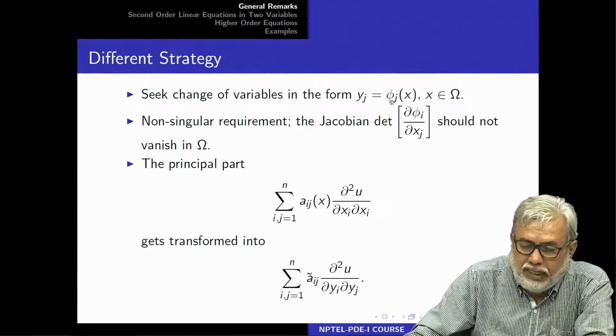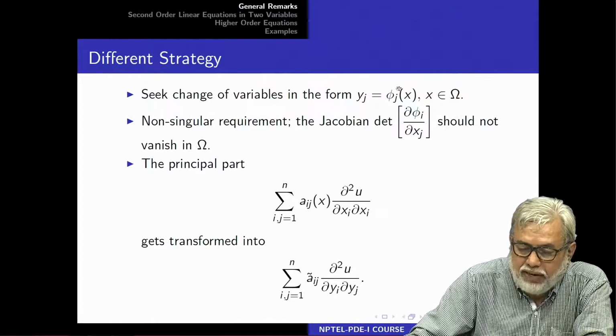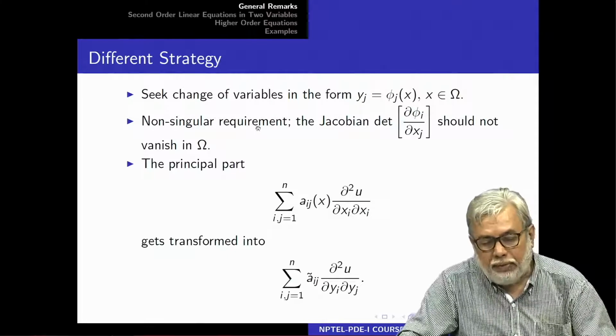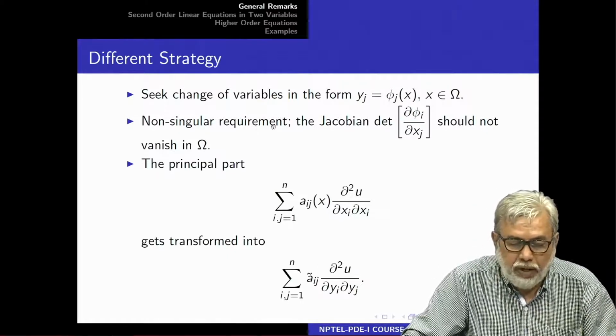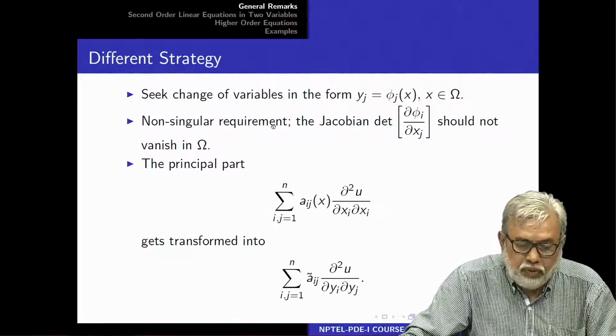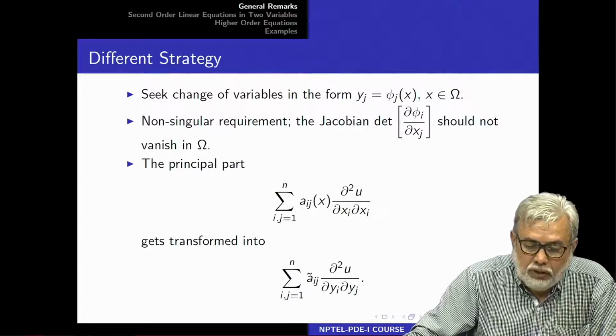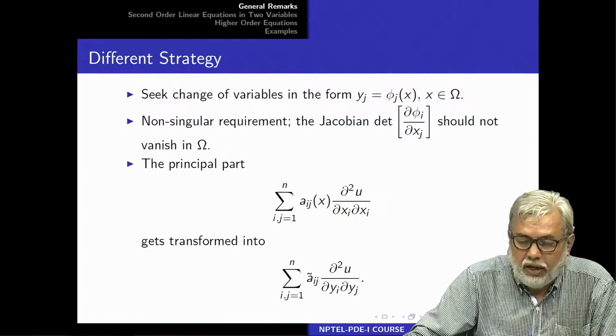The first requirement that this phi_j should possess is the non-singular requirement. In the case of constant coefficients, this R was an orthogonal matrix, and so that is non-singular.